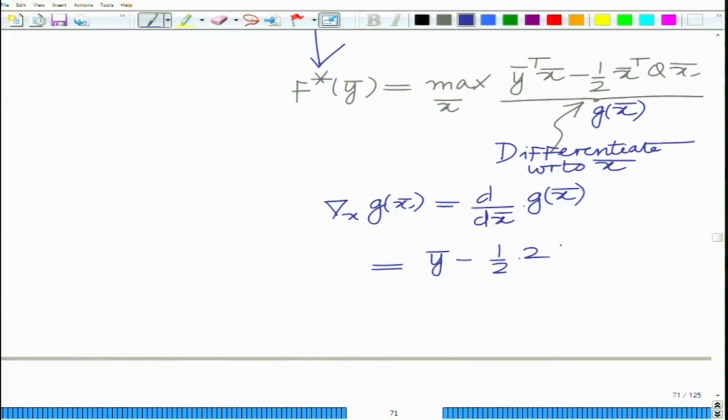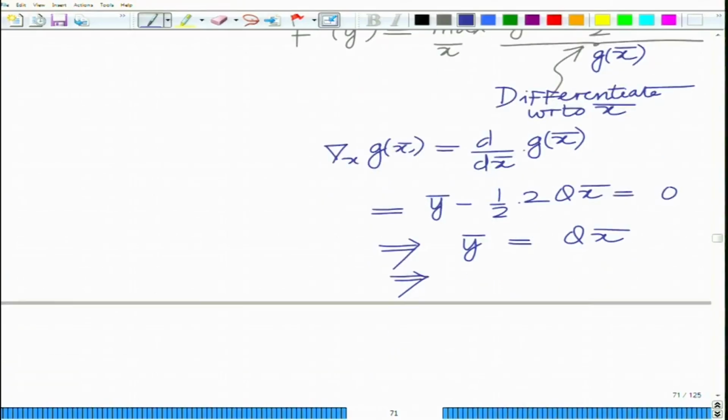Remember, we said twice the derivative of x bar transpose P x bar is twice P x bar. So, here we have twice Q x bar, which is equal to 0. You are setting the derivative equal to 0. This implies y bar equals Q x bar. This implies x bar equals Q inverse y bar.